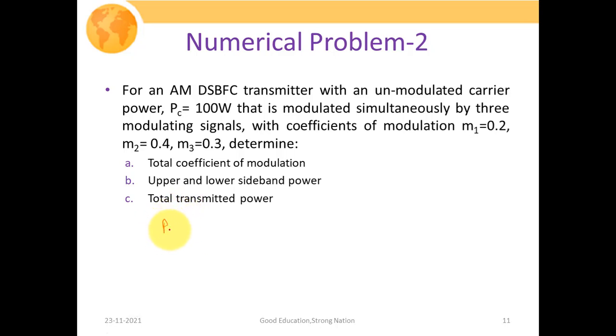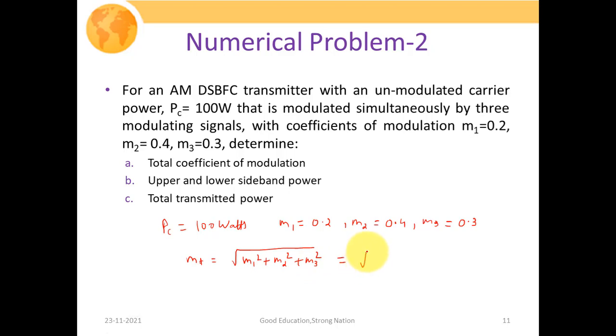So here PC is given to us: PC is equal to 100 watts. M1 is equal to 0.2. M2 is equal to 0.4. M3 is equal to 0.3. From the theory, the total modulation coefficient MT can be evaluated as the square root of M1 square plus M2 square plus M3 square.